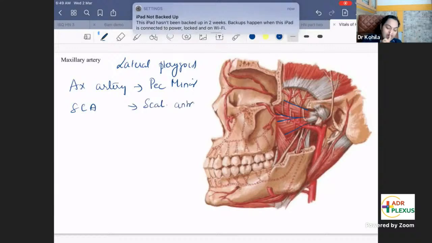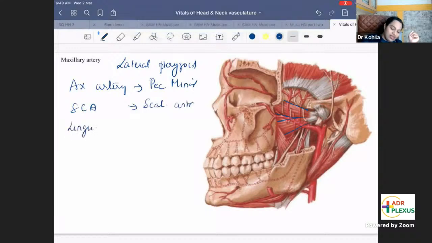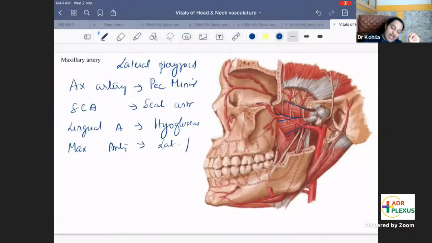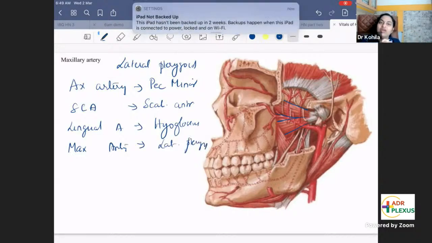Lingual artery is divided into 3 parts by hyoglossus. And the last one, the maxillary artery, is divided into 3 parts by lateral pterygoid. Please keep it in your mind, okay?